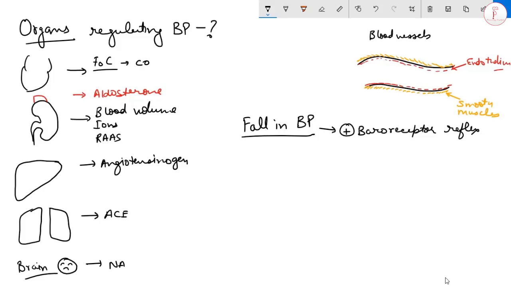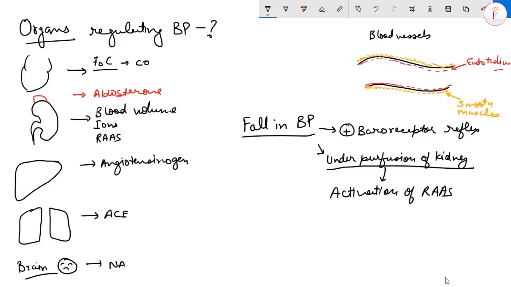When there is a fall in blood pressure, there is activation of baroreceptor reflexes, and this fall in blood pressure also leads to underperfusion of the kidney, which leads to activation of RAS, the renin, angiotensin, and aldosterone system. This baroreceptor reflex is mediated with release of noradrenaline by increased sympathetic activity, and the RAS is initiated by renin. So let's see first the mechanism of how RAS regulates our blood pressure.